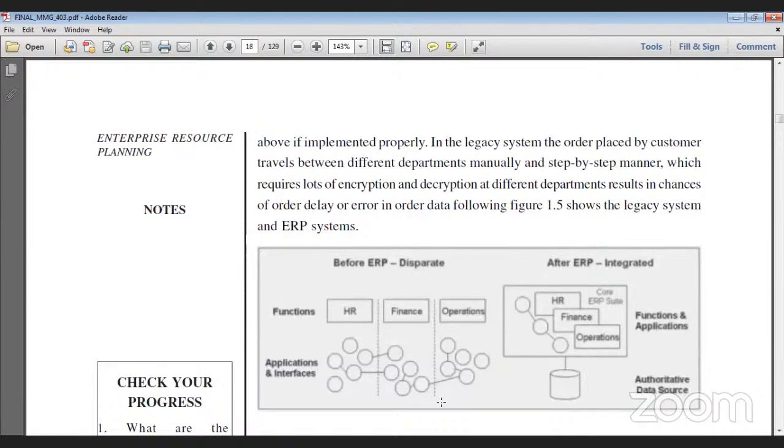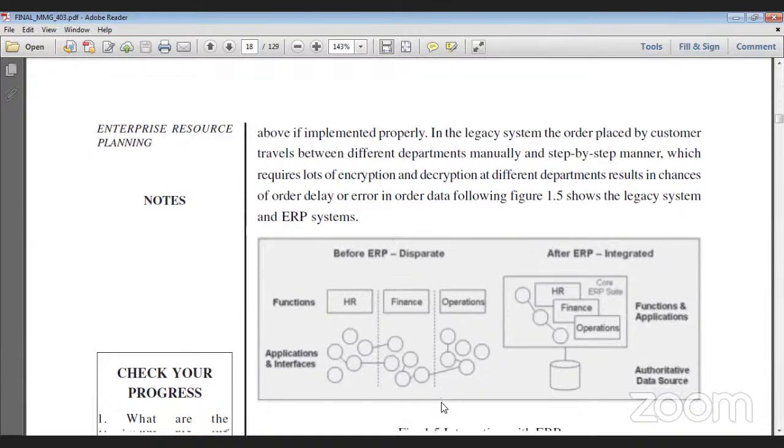In the legacy system, customer orders travel between different departments manually and step by step, which requires lots of encryption and decryption at different departments, resulting in the chances of order delay or error in order data. Figure number 1.5 shows the legacy system and ERP system.